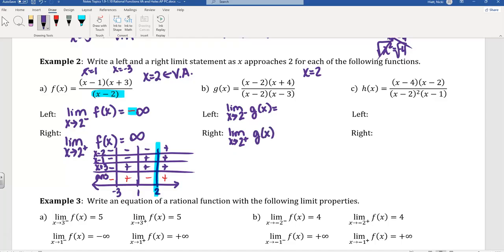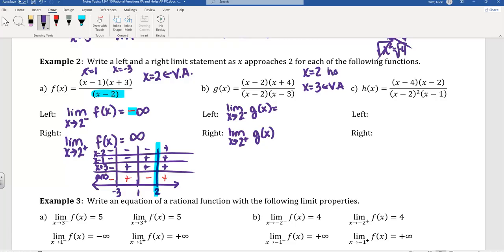So there is going to be a discontinuity at 3. You have a vertical asymptote at 3. But they're not asking us to write limit statements for that. They're asking us to write limit statements at x equals 2. What's going on for this graph at x equals 2? What kind of discontinuity do we have?